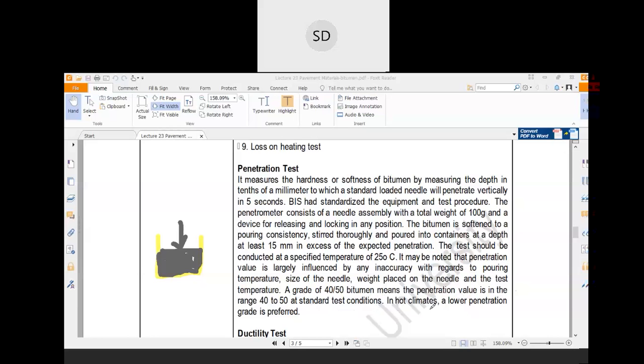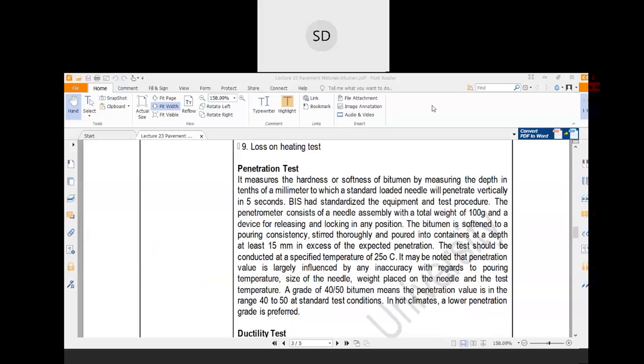And in hot climate, a lower penetration grade is preferred, because as the grade is higher, 60 to 70, 70 to 80, or 80 to 90, the bitumen would be more susceptible to the hot weather condition, and it would be unsuitable for using in the hot climate condition. Therefore, in the hot weather, generally low grade bitumens are used.